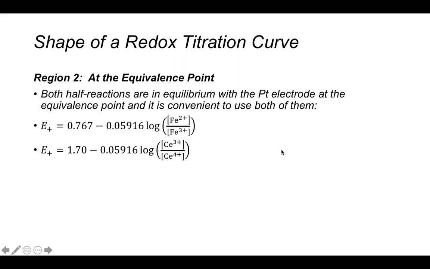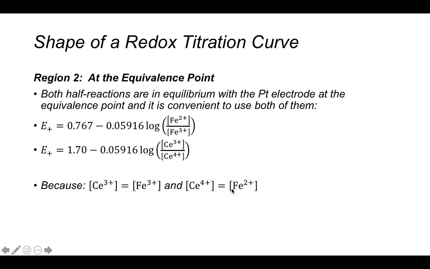And then the potential of the reduction for the cerium half reaction is 1.7 minus 0.05916 times the log to the base 10 of the reaction quotient of cerium 4 plus to cerium 3 plus.